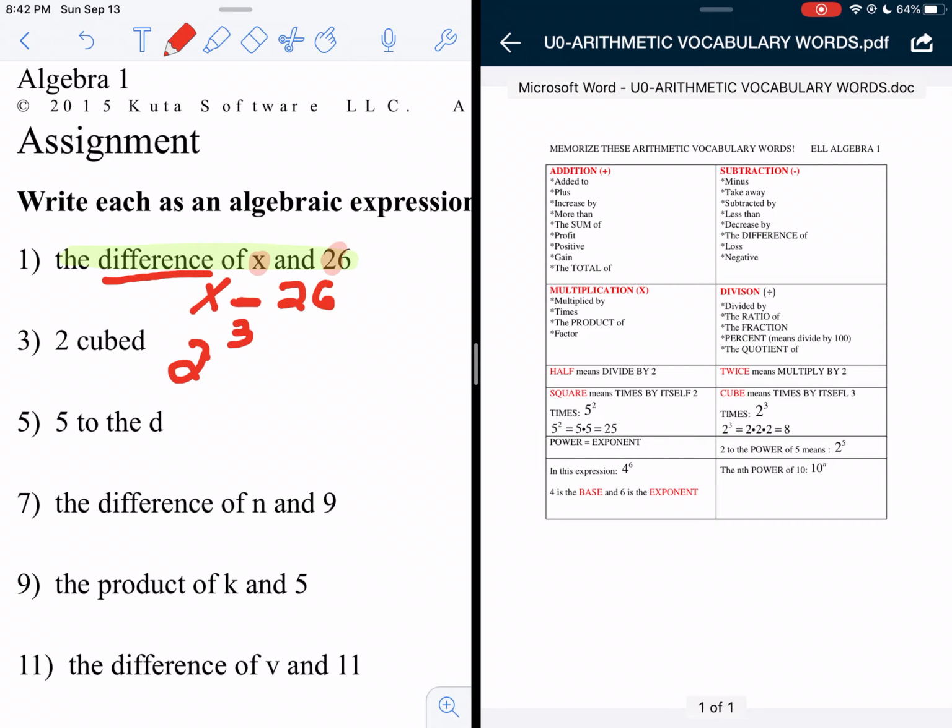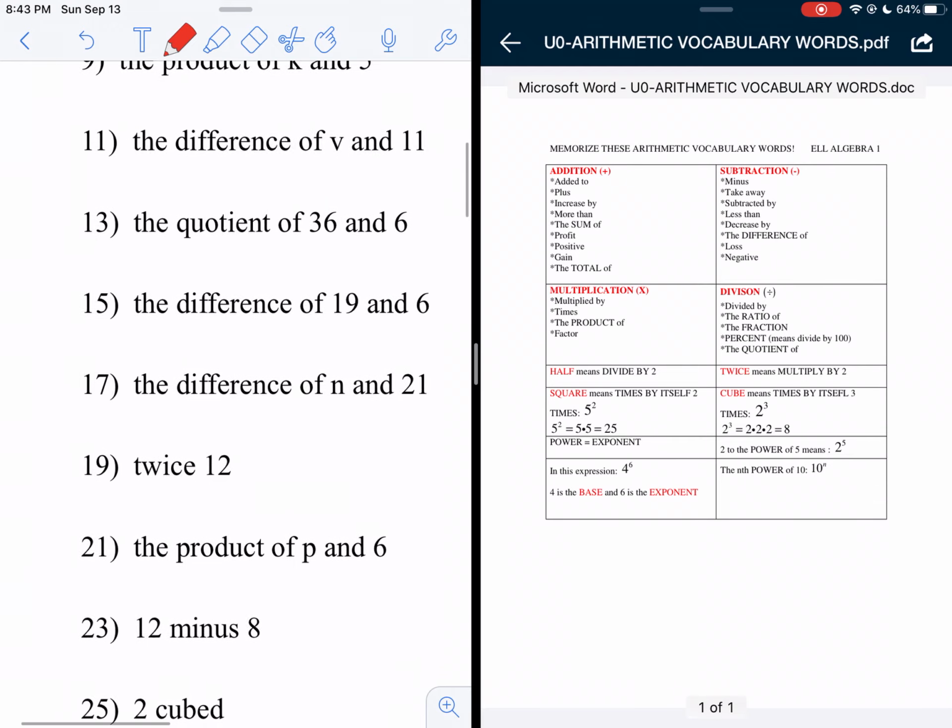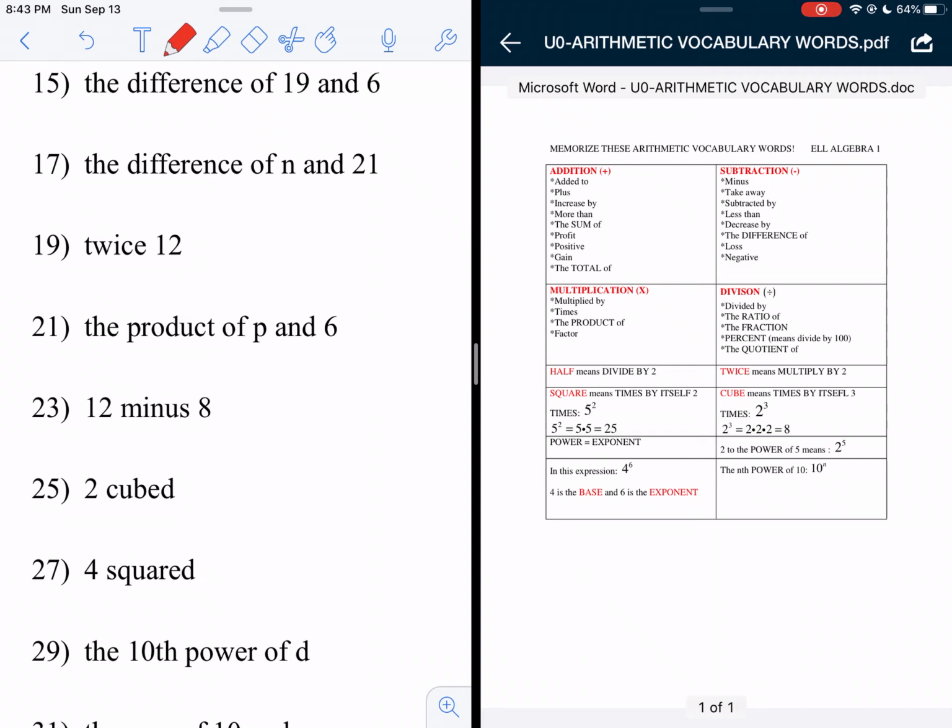Anytime you see something that says 5 to the something, or a number to the something, they are talking about a power, okay, a base to some power. So here the base is your 5. The number or letter that follows the "to the" means the exponent. Okay, so you have base 5, exponent d.